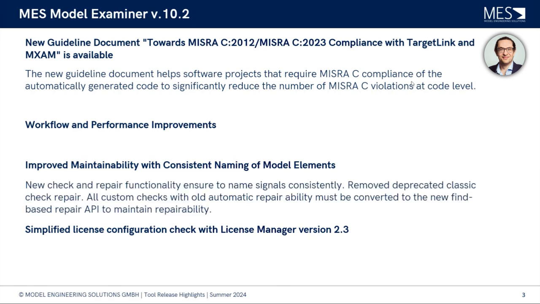We talked about the workflow and performance improvements, and we saw the improved maintainability with consistent naming of model elements, with these two examples of signal named at the source: when it originates from a constant block, we can rename the signal consistent with the constant parameter, and we can also rename and check the name consistency for signals in bus assignment blocks.